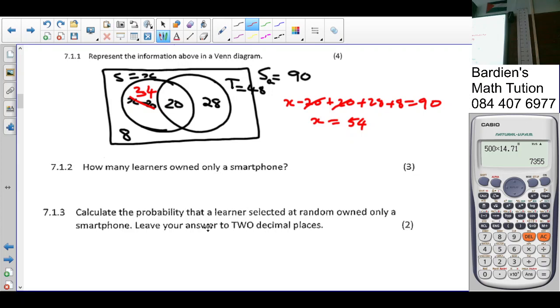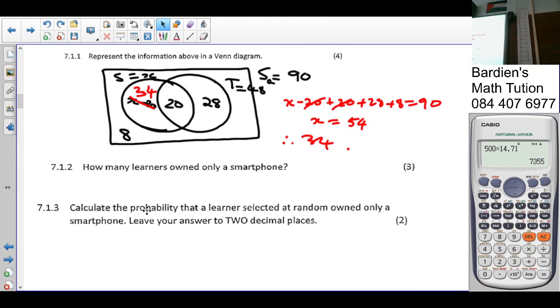Also, what's the question? How many learners own smartphones only? So therefore, 34 learners own smartphones only. You guys understand?